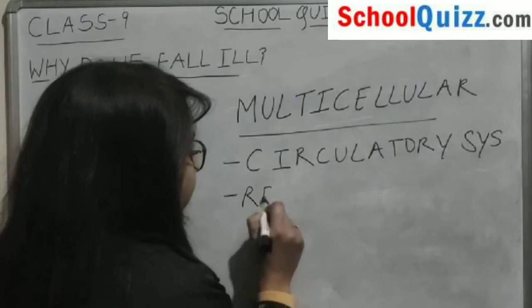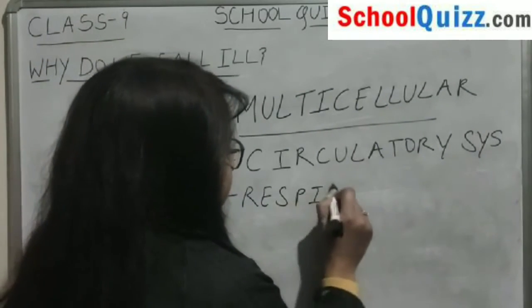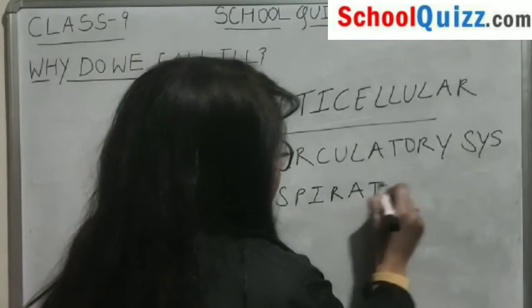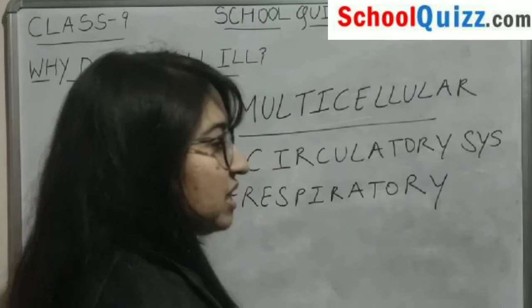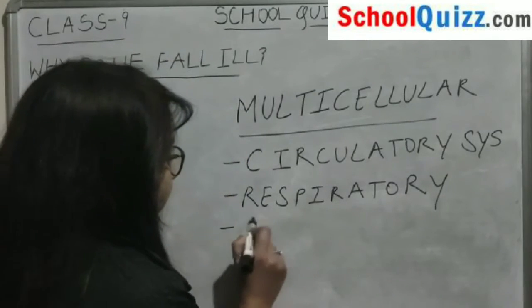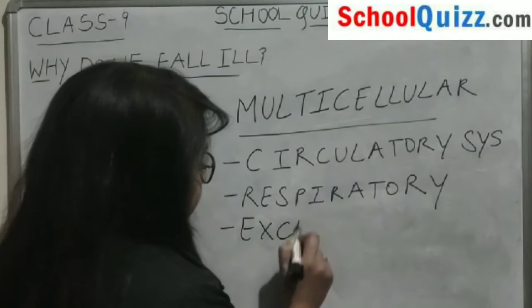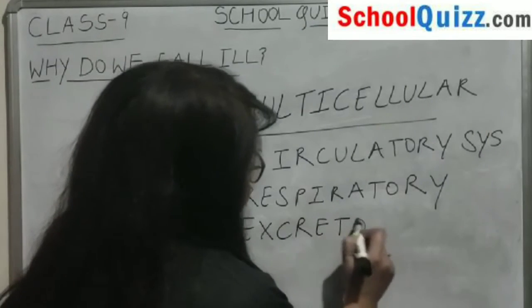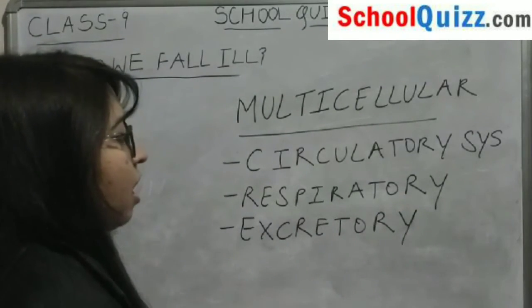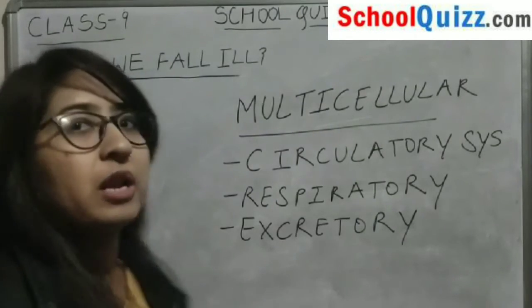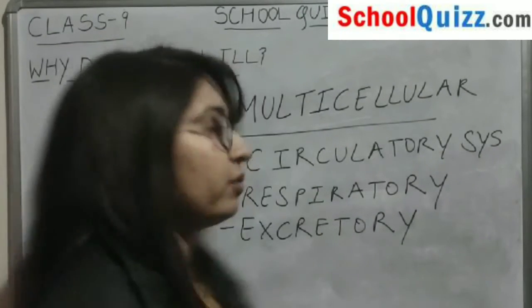Then we have the respiratory process for exchange of gases in and out of the body. We have the excretory system, which is involved in removal of waste materials out of the body.